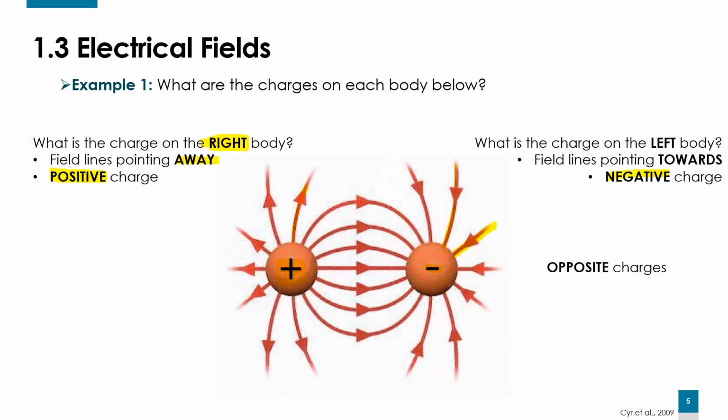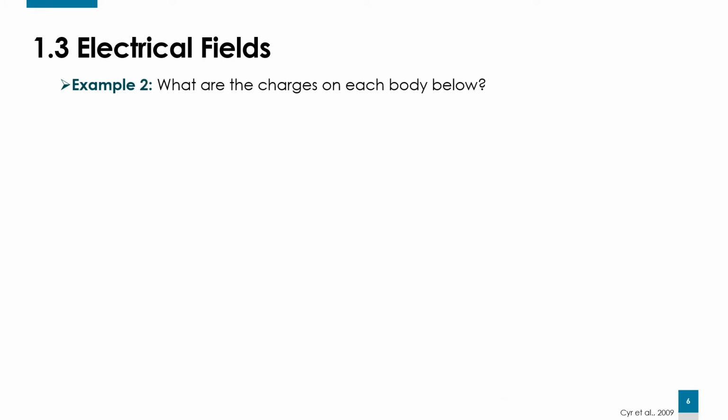I have opposite charges, so they attract each other. This is logical because the field points away from the positive and toward the negative, so they are going to be bound together. Understood? Okay, let's go to another example.